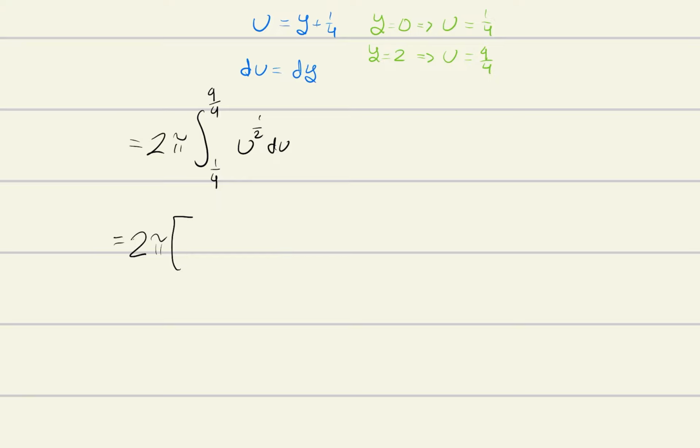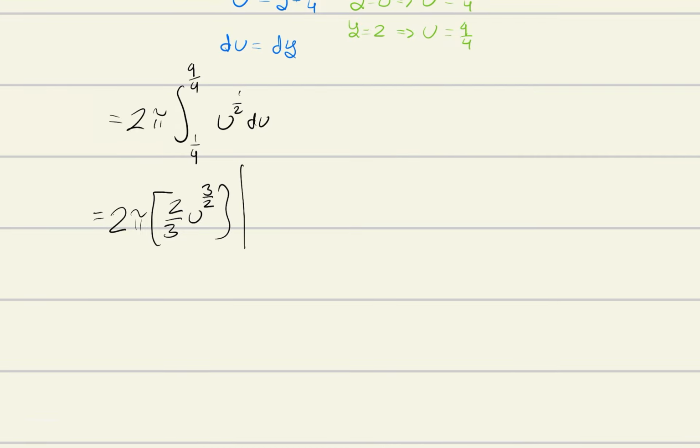So it's going to be 2 pi times u to the 1/2 is 2/3 u to the 3/2. And that's being integrated from 1/4 to 9/4.